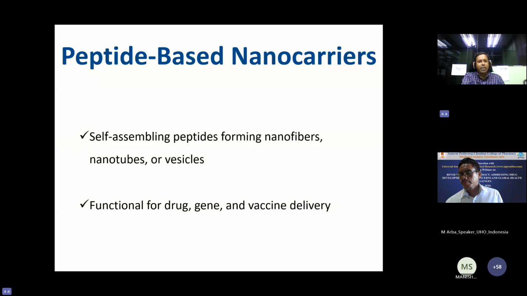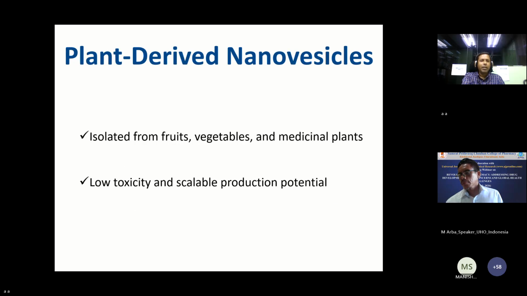Peptide-based nanocarriers are also nature's nanocarriers. They have self-assembling peptides forming nanofibers, nanotubes, or vesicles, and are functional for drug, gene, or vaccine delivery. Plant-derived nanovesicles, isolated from fruits, vegetables, and medicinal plants, have unique properties: no toxicity and easy scalable production potential.